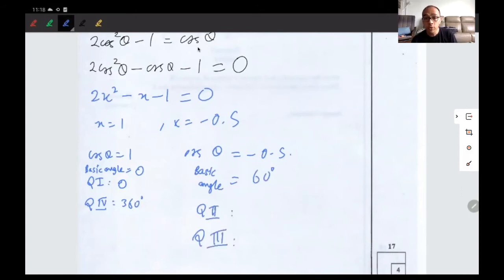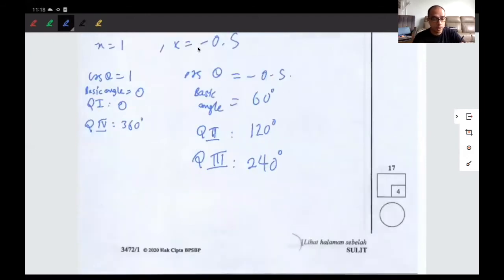Quadrant 2, 60 degrees will be 180 minus 60, which is 120 degrees, and quadrant 3 will be 180 plus 60, which is 240 degrees. So the solutions are theta equals to 0, 120 degrees, 240 degrees, and 360 degrees.